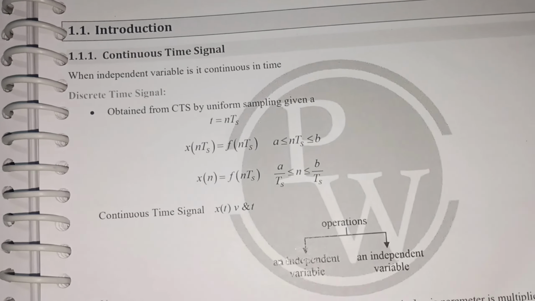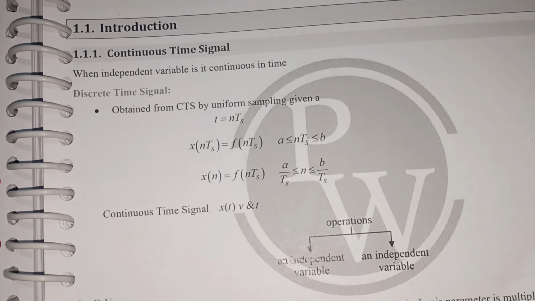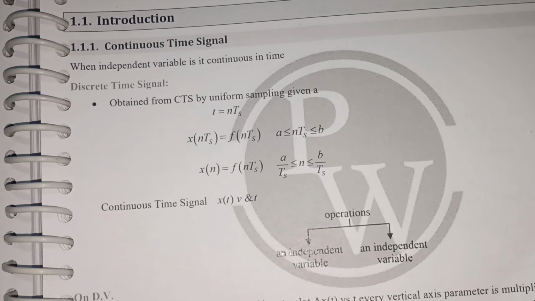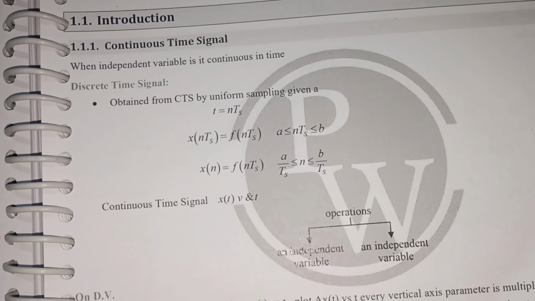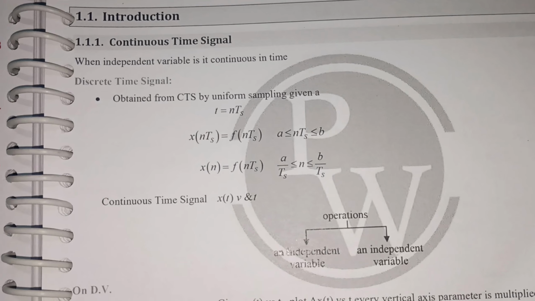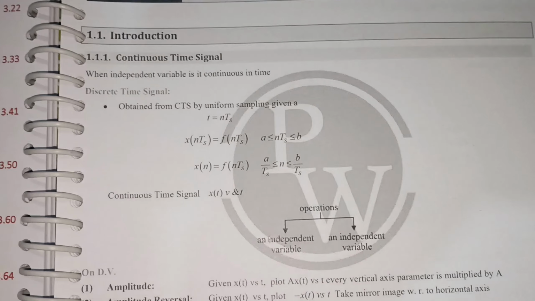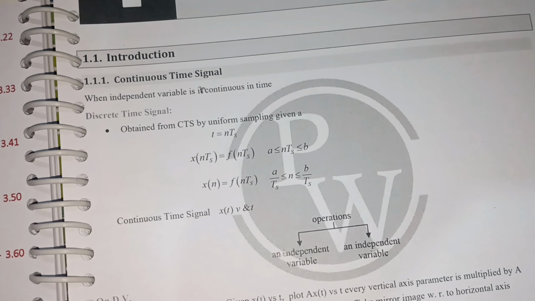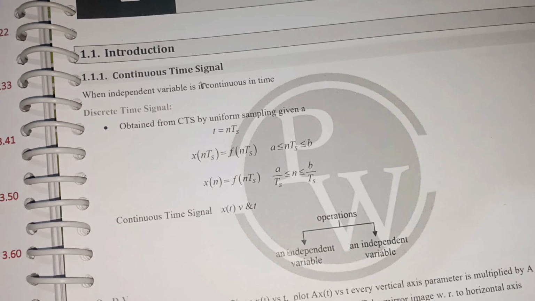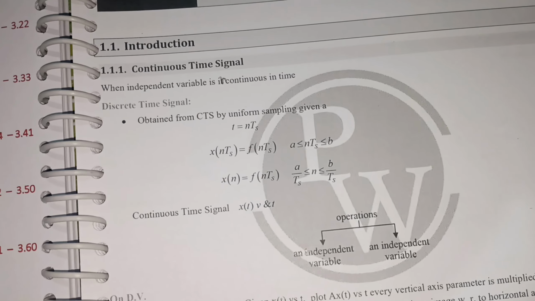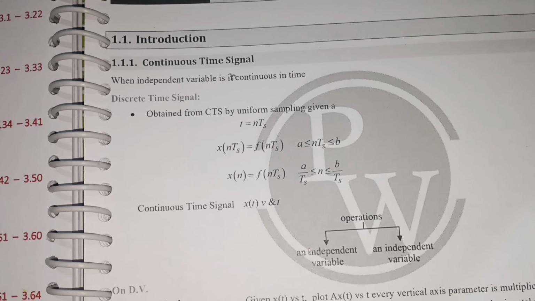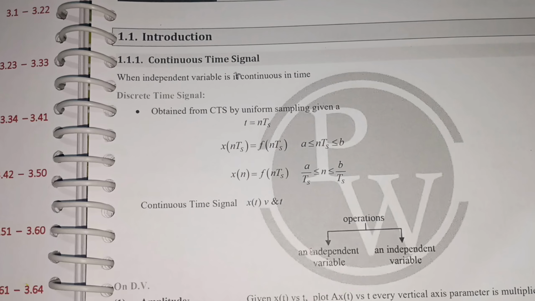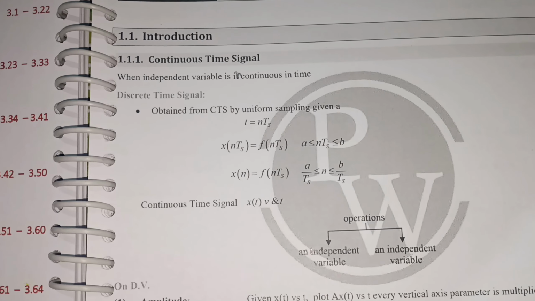When the independent variable is continuous in time, it is a continuous time signal. Discrete time signal is obtained from the CTS by uniform sampling, given as t equal to nTs.